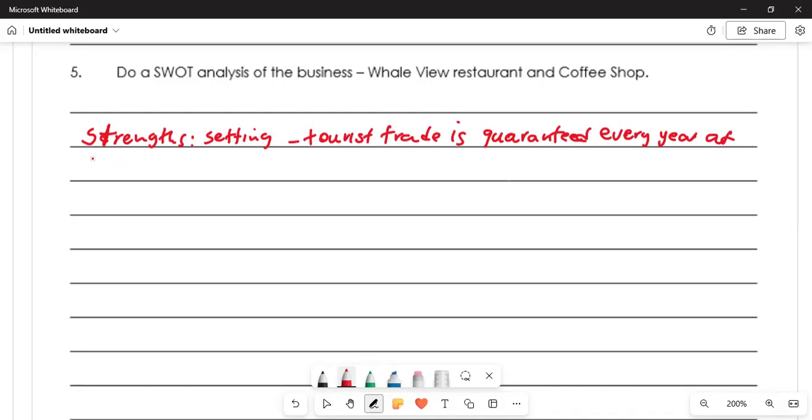That is its strength. So tourists will come and admire the whales, and that will bring more income.